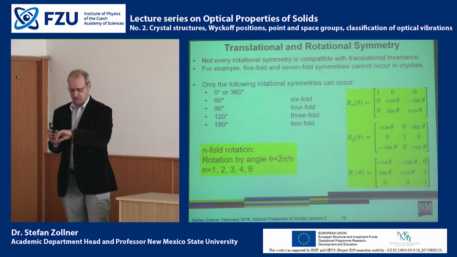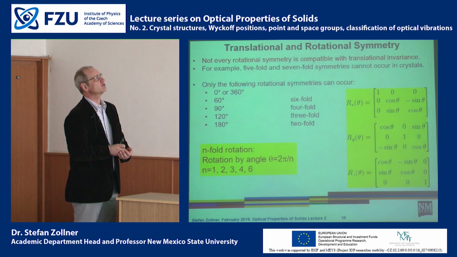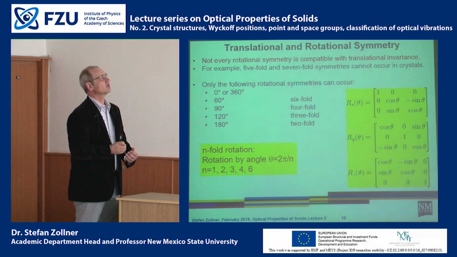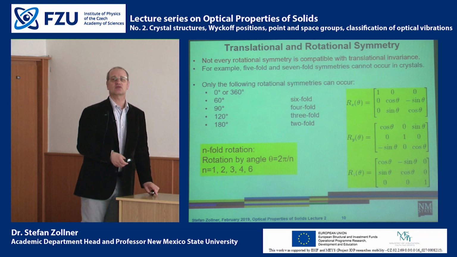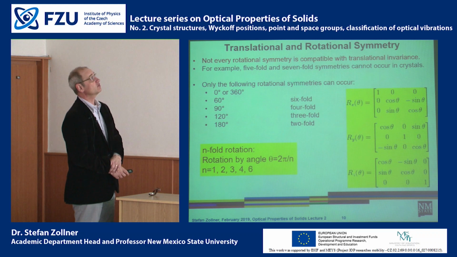So we've talked about translational invariance, so let's continue with the rotational symmetry. Not every rotational symmetry is compatible with translational invariance. For example, 5-fold and 7-fold symmetries cannot occur in a real crystal.